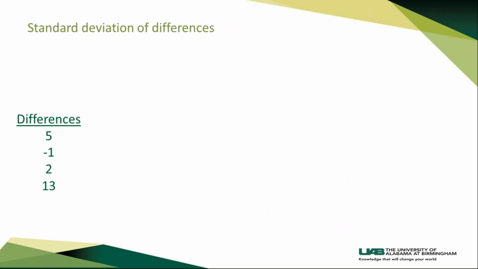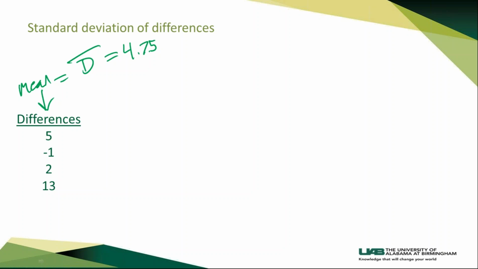I can get the average of these difference scores simply by getting the mean of these differences. And that would be 4.75. So the average difference between exam 2 and exam 1 is 4.75 points.